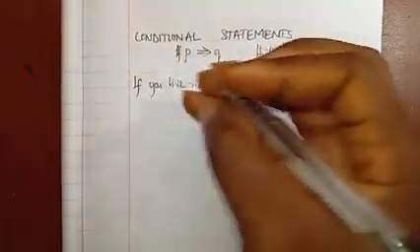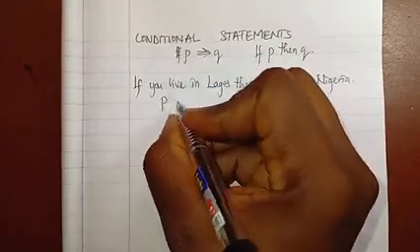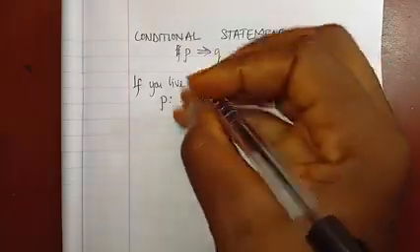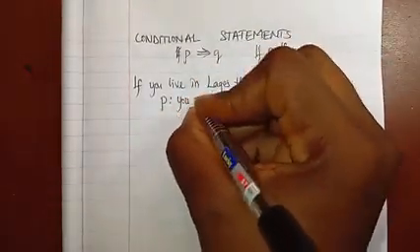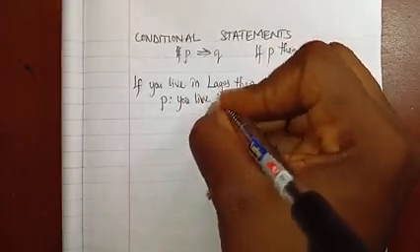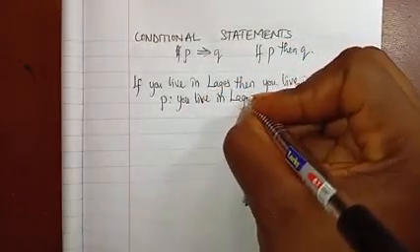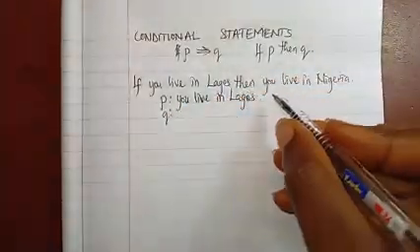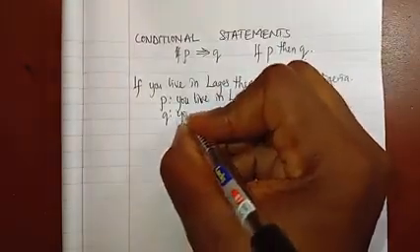So let's write out the statements we have. Let's say that P is the antecedent part of the conditional statement. P is you live in Lagos. And Q will represent you live in Nigeria.